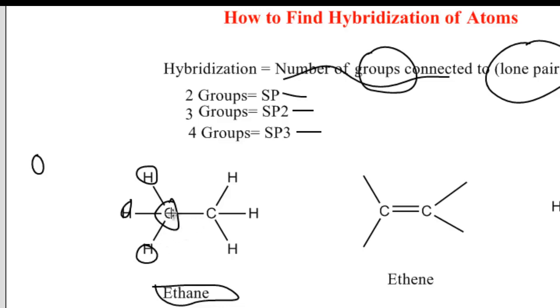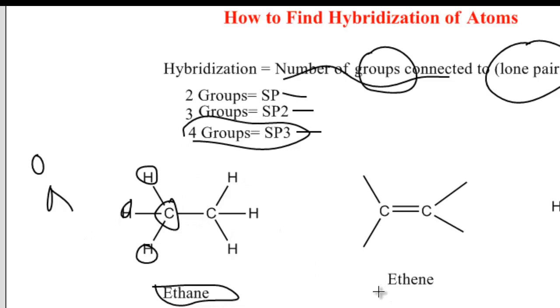There is a bond between carbon and carbon, so this carbon is connected to the carbon on the right. So it's connected to 3 different hydrogens and 1 carbon. In total it's connected to 4 different groups, and it has 0 lone pairs. If we add them up, 4 plus 0 is 4, which means the hybridization of the carbon is sp3.